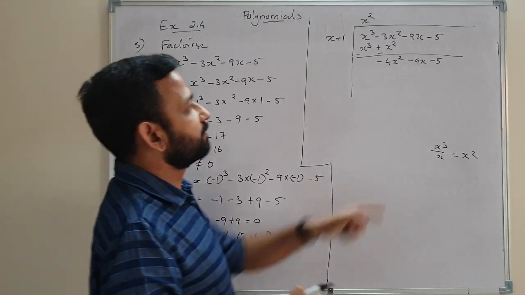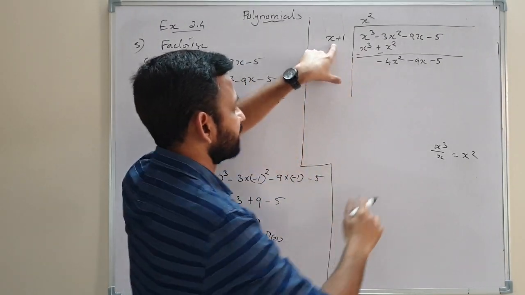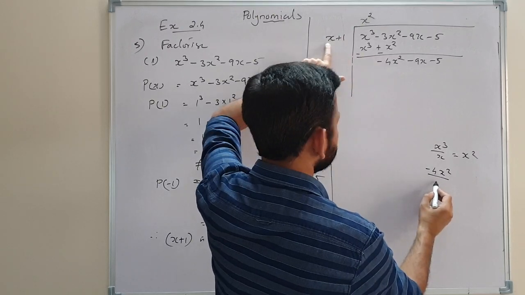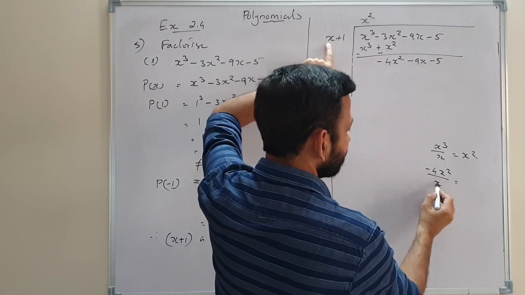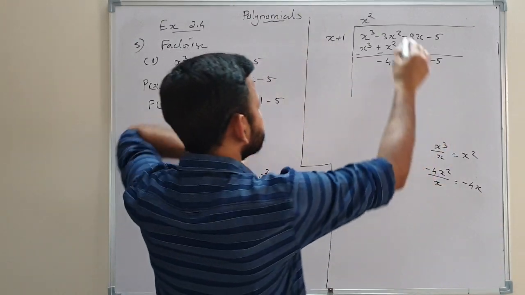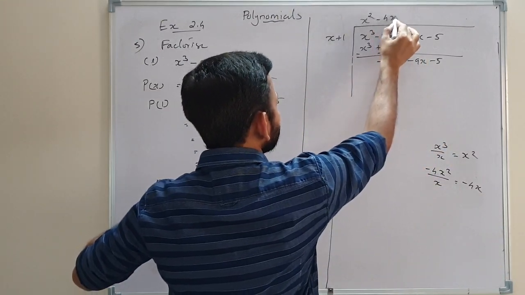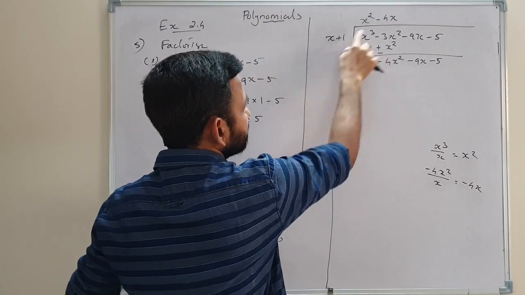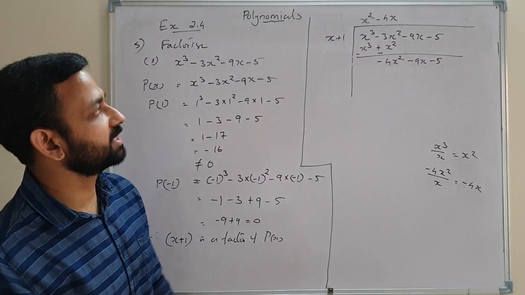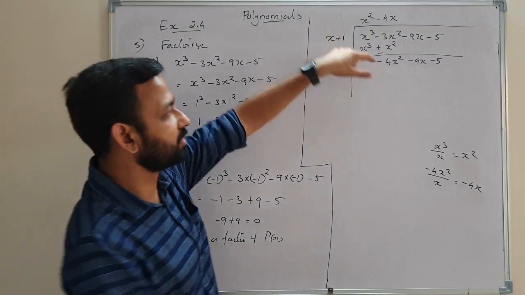Then again, first term divided by first term: minus 4x square divided by x. One x cancels, so we get minus 4x, and we write that here. We multiply both the terms by minus 4x. Minus 4x into x is minus 4x square, below the x square term.